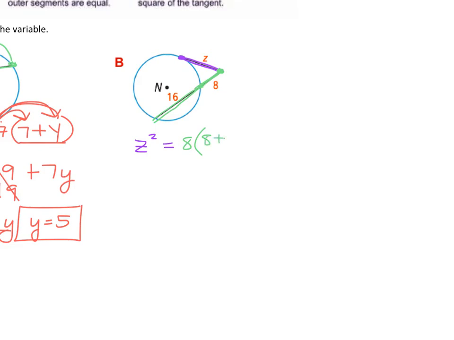And again, if you want to just call that 24 right now, that's totally fine. So it would be 8 times 24 is 192. So 192 equals our z squared. And then we would just square root that to solve for z. So z, square root of 192, is 13.9 to the nearest 10th.